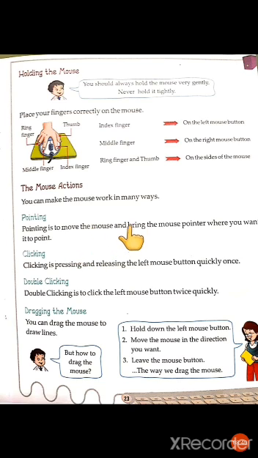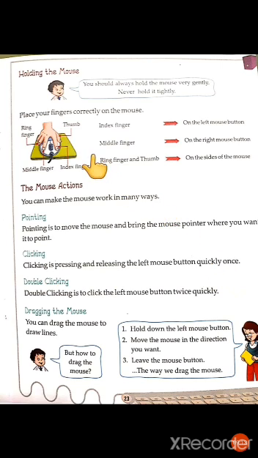You need to move the mouse in the same direction where you want to point at things on the computer monitor screen. Now next is clicking. As when we want to capture a picture on our phone, we press the button, right? In the same way, we click things with the help of the mouse. Clicking is pressing and releasing the left mouse button quickly once.